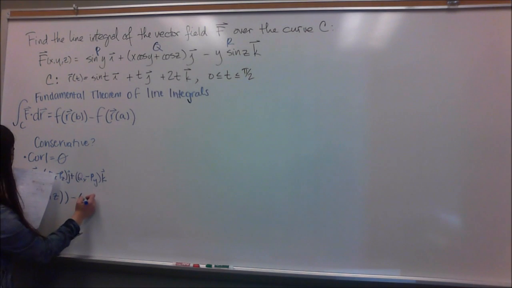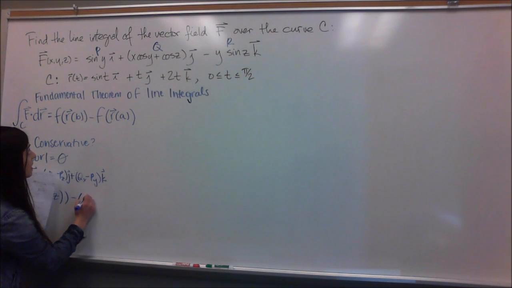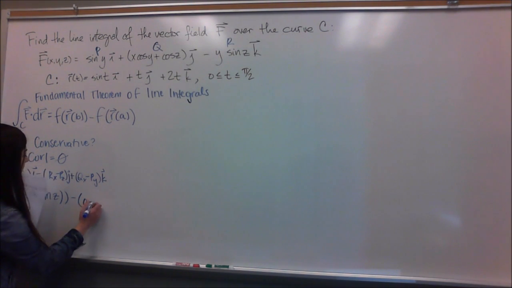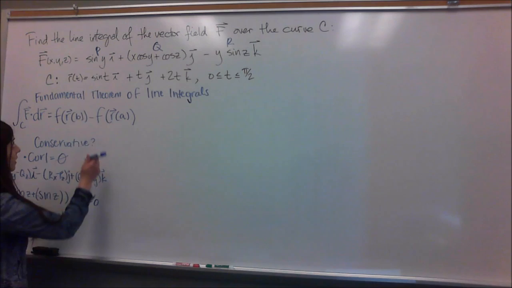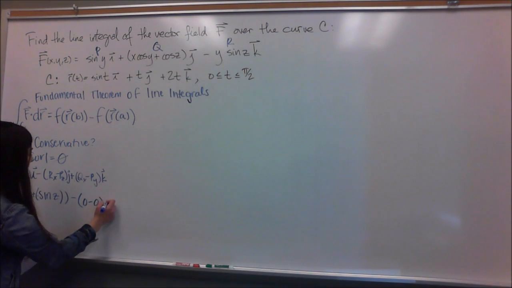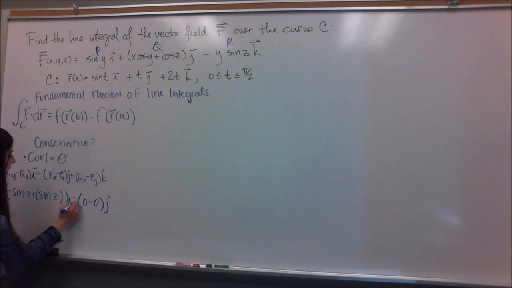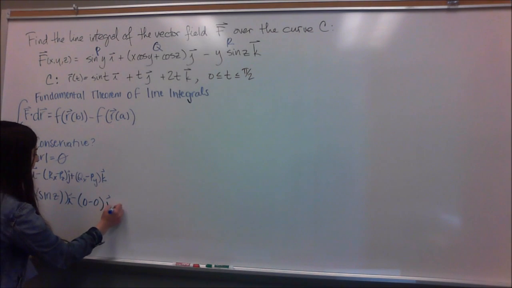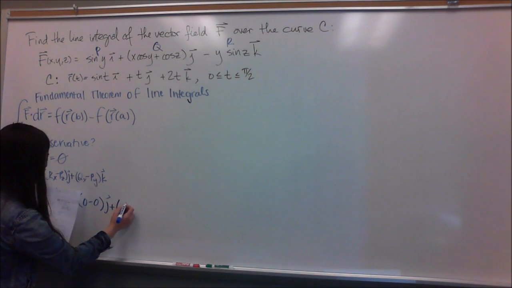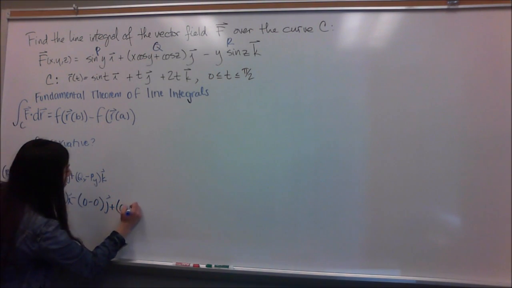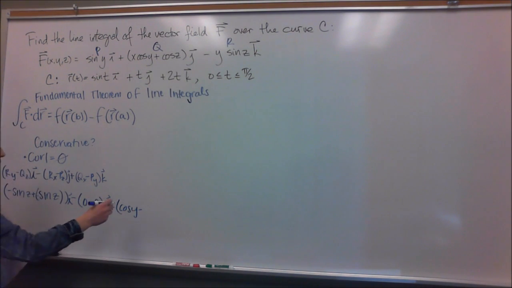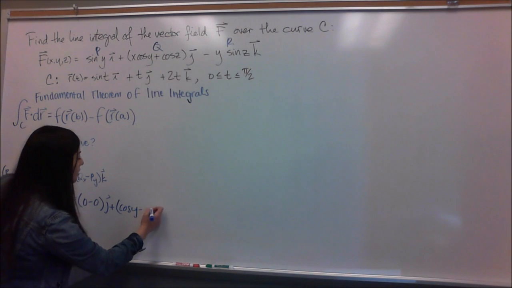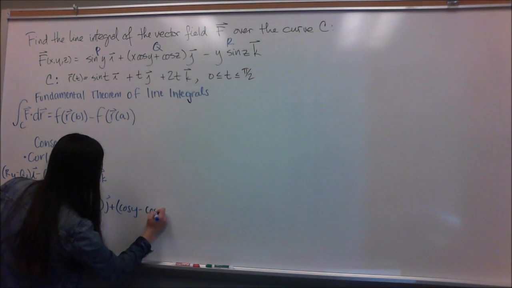The partial of R with respect to x is just going to be 0, and the partial of P with respect to z is just going to be 0. Then the partial of Q with respect to x is cosine y, minus the partial of P with respect to y, which is also cosine y.